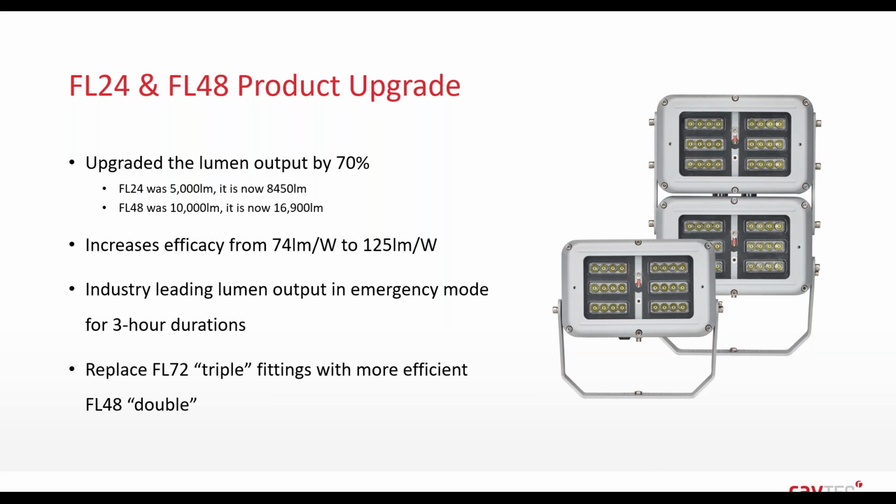And for the FL48, the original lumen output was 10,000, but it now has been upgraded to 16,900 lumens. Still using Zone 1 as an example, efficacy has improved from 74 lumens per watt to 125 lumens per watt.